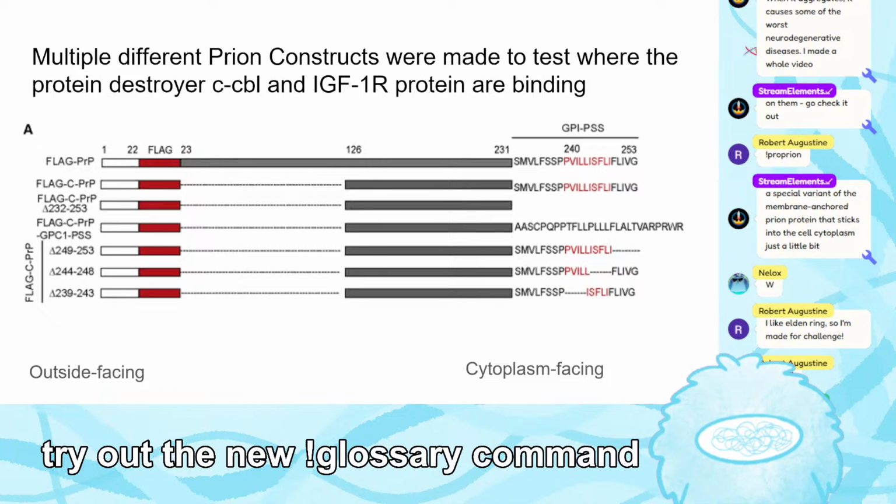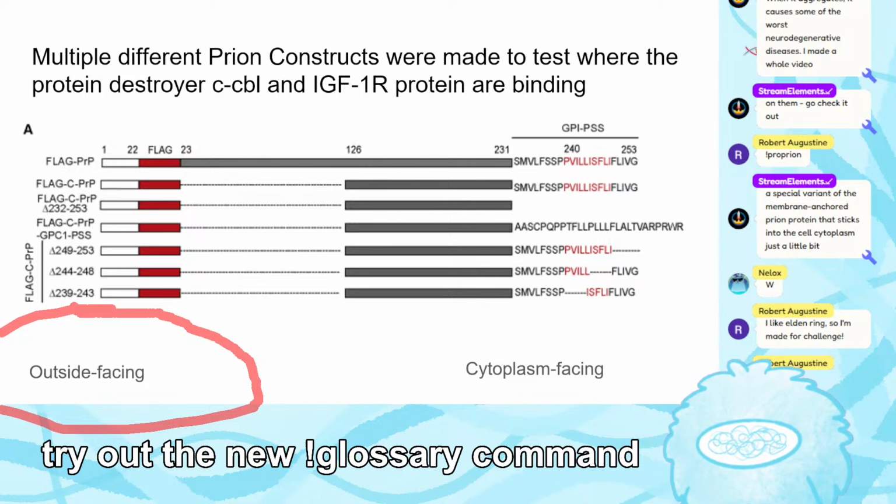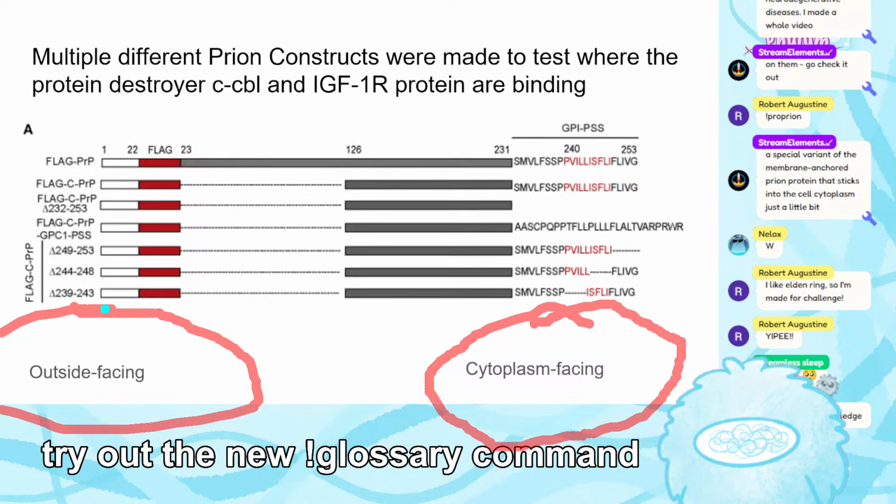What you're seeing is a very simplified cartoon of the prion construct. The blocks are different regions of the prion protein, and the dashed lines represent places where that block has been eliminated or deleted. This end is outside facing, outside of the cell, and here we have the cytoplasm facing.